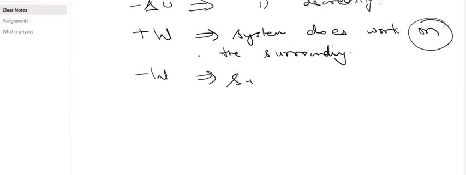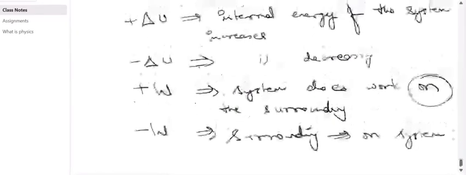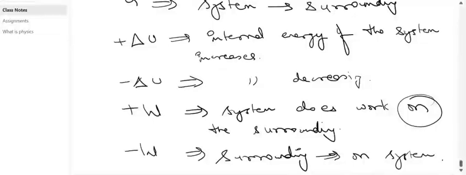So when the surrounding is doing some work on the system, then it will be minus W. Please note down all these factors. It's very important. Are you done? One second. Yeah, be quick.